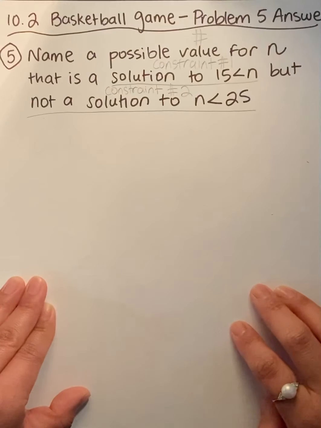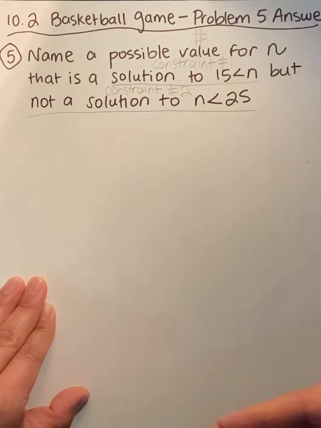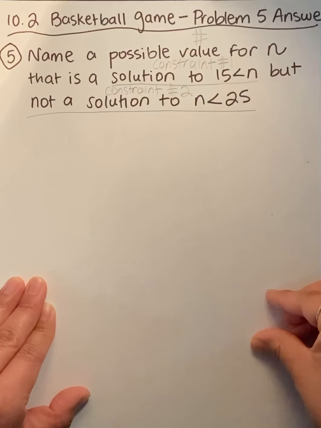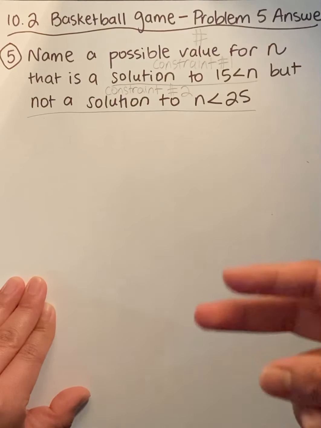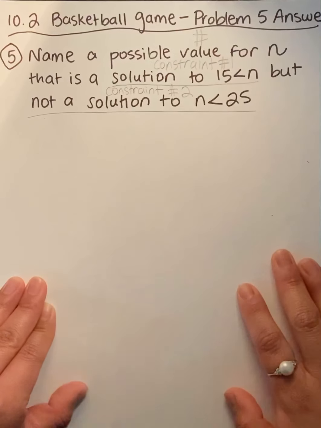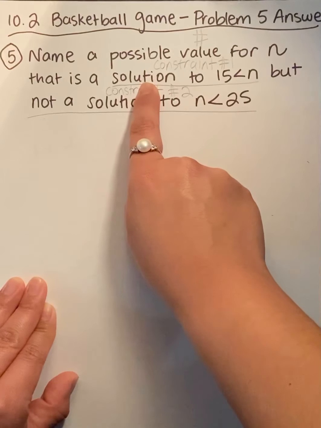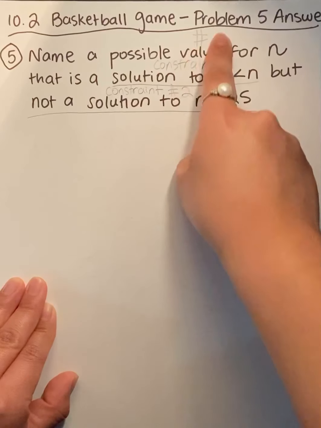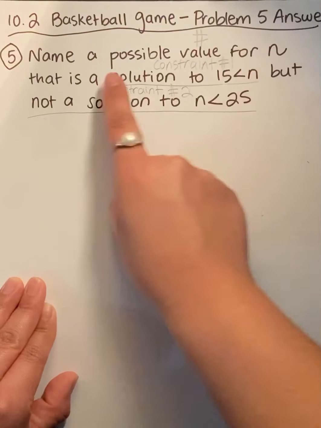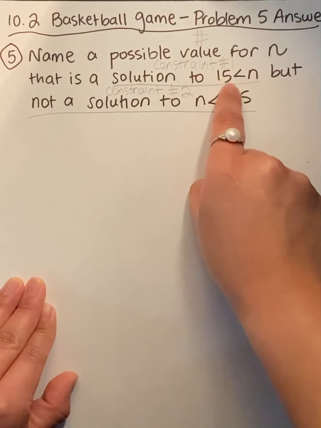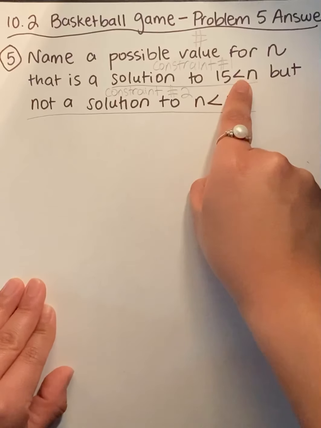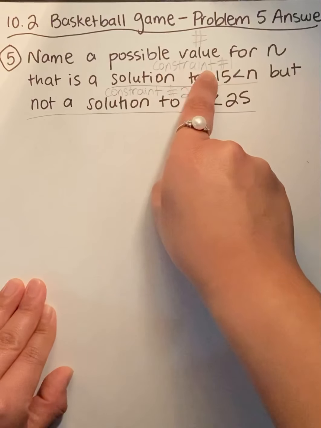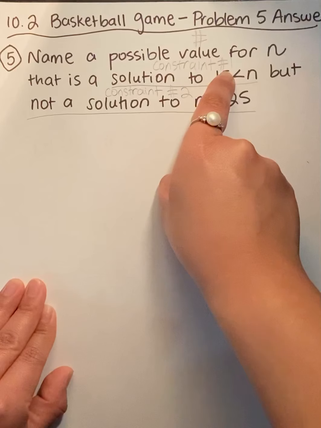In math, though, we don't say rules, we call them constraints. So the two constraints that you have to follow are that the value for n needs to be a solution to 15 is less than n. And that is why I annotated constraint number 1.